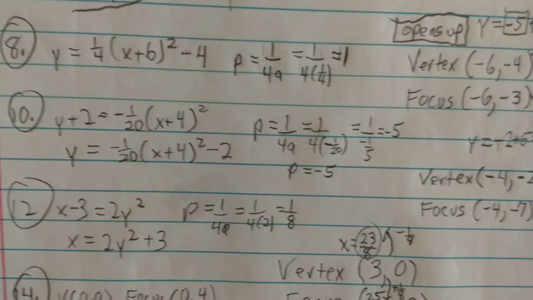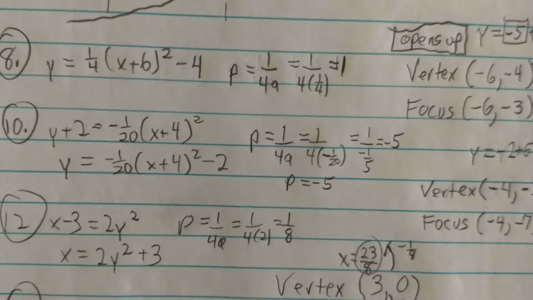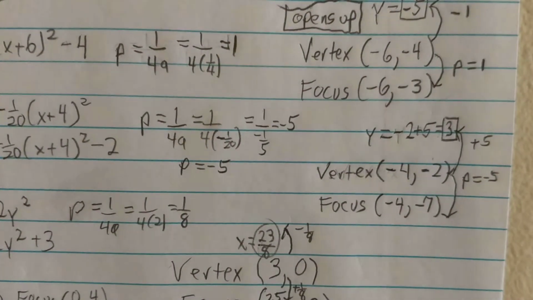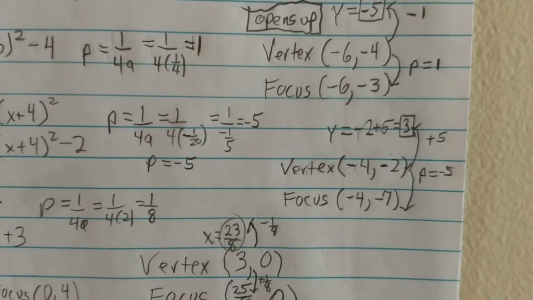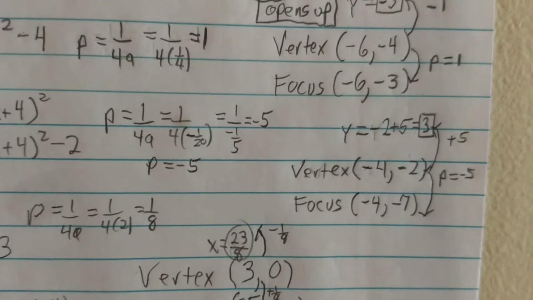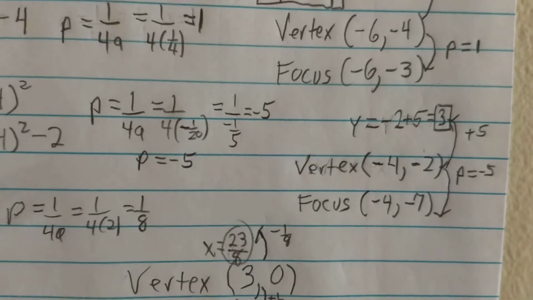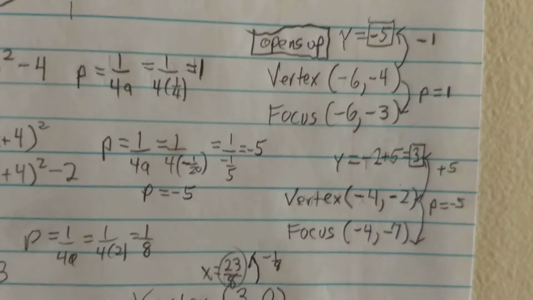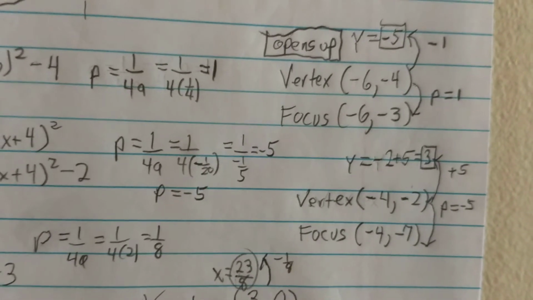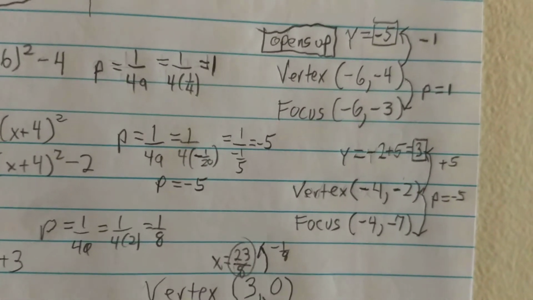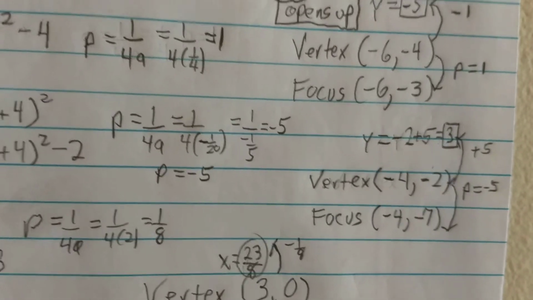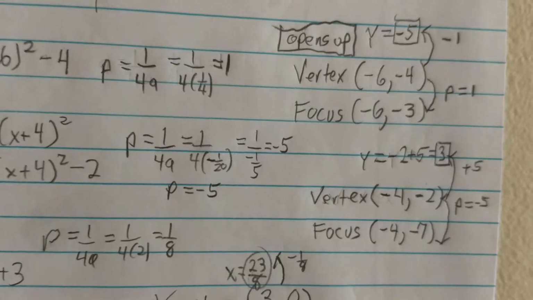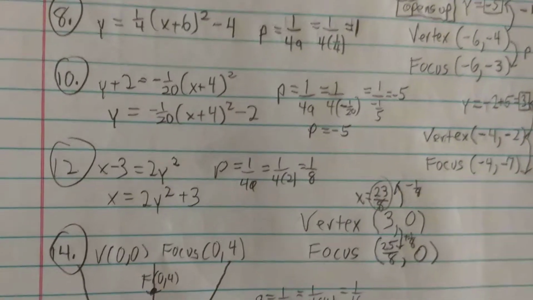So that gives us a vertex of (negative 6, negative 4), but the p is 1, so the focus is 1 up on the y, so the focus is (negative 6, negative 3), but the directrix opens up backwards from that, y equals negative 5 below, okay? So the focus is the highest point, and then the vertex is below it, and then the y equals negative 5 directrix is below that, okay?